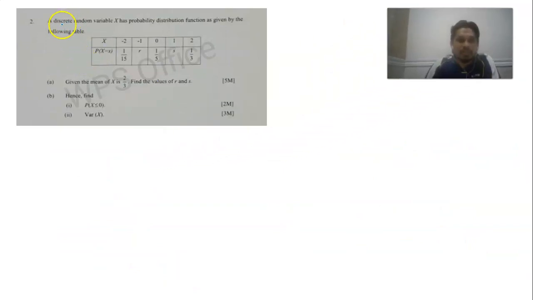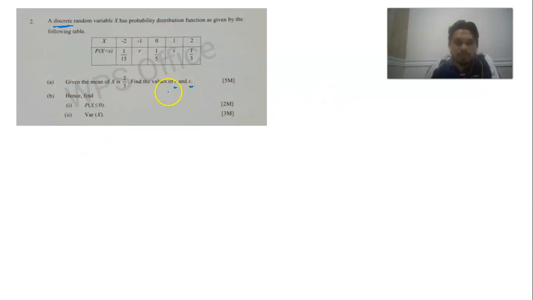A discrete random variable x has probability distribution function given here, and given the mean of x is 2 over 3, find the values of r and s.